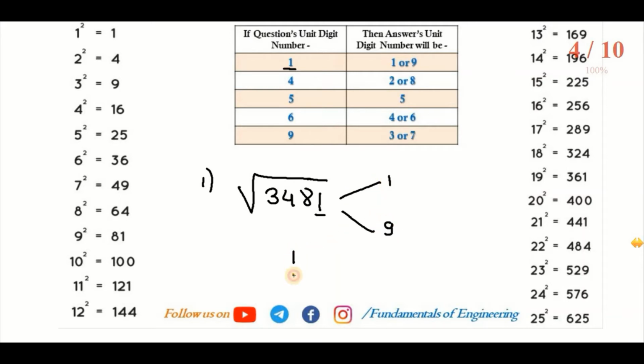So I will write here 1 or 9, right? Now we have 34. So 34 lies in between which perfect squares? 5 squared is 25 and 6 squared is 36. So 34 lies in between those. Whichever perfect squares the number lies between, we have to take the earlier number. So I have taken 5.